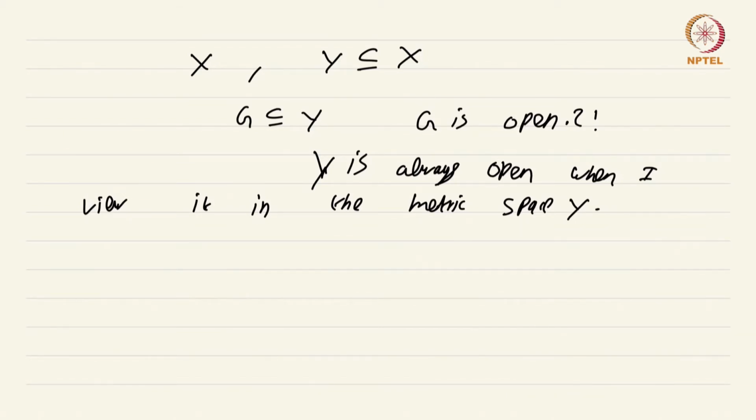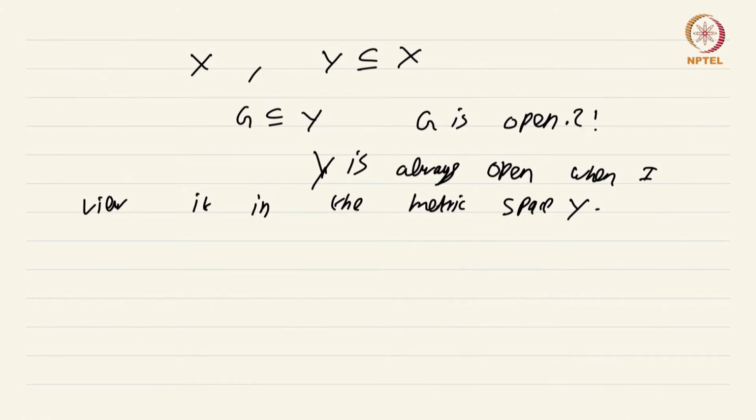It's not always true that if you have G which is open when you treat it as a subset of Y, it will be open when you treat it as a subset of X. It depends on what the parent metric space is. So whenever you have nested subspaces Y subset of X, you have potential ambiguity.